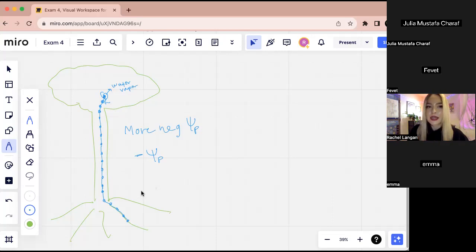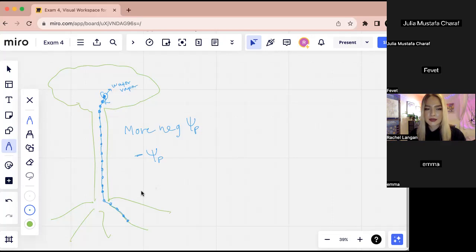It's the same thing here. When we have water rushing into a cell, we call that positive pressure, and that's the turgor pressure of the plant. When we're pulling water from the outside, from the top, that's negative pressure on the water. So kind of weird, but you have to somehow visualize it in your head.